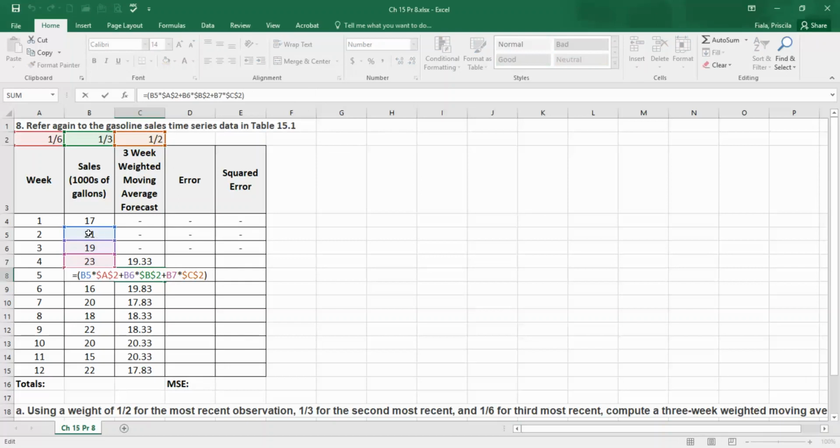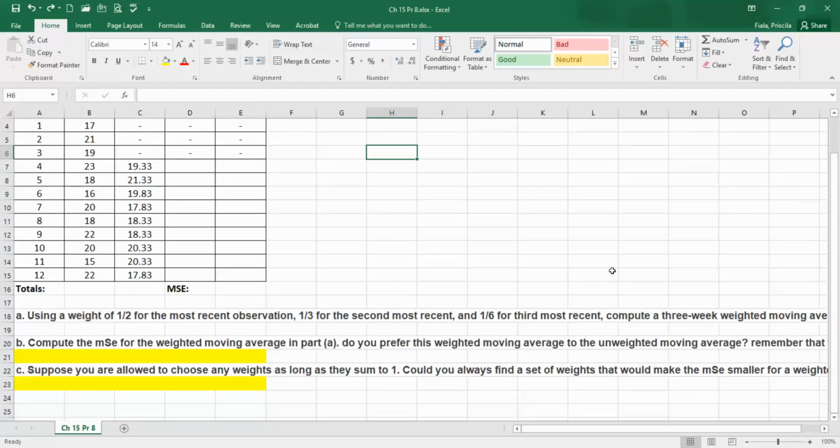We're starting on week 2, right here, B5, column B, row 5, B5 times 1/6, the oldest value, plus my second value, B6, times my second most recent, which is 1/3, plus the last one, the most recent, times 1/2. And that's how we did it for the whole table. If you want to go ahead and predict for the next one, that would be your value. You don't need that. You're not being asked that. So for part A, you have completed that.